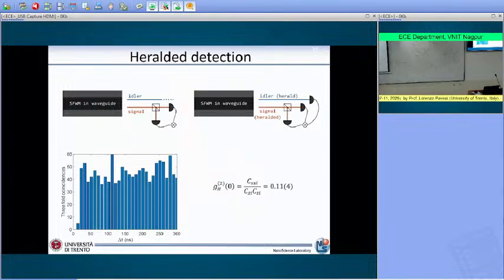So we measure a given count. You see here also the number, 50 clicks per second. So this is the kind of time that you take in order to do a measurement. You only have 50 times that the 3 spots do click at the same time.